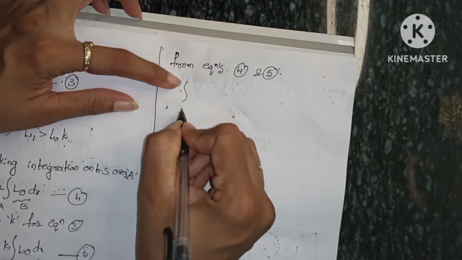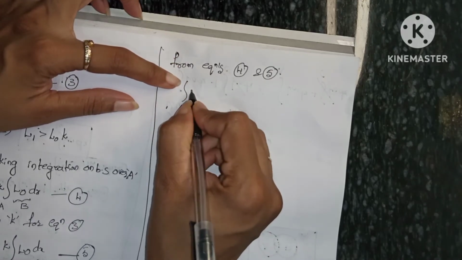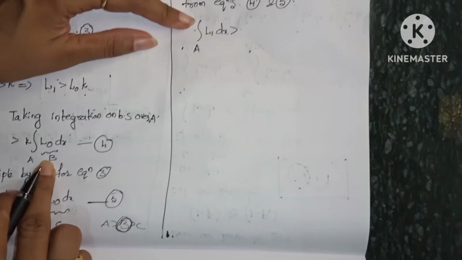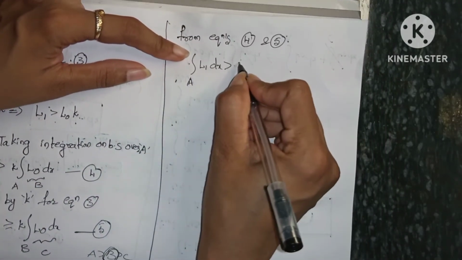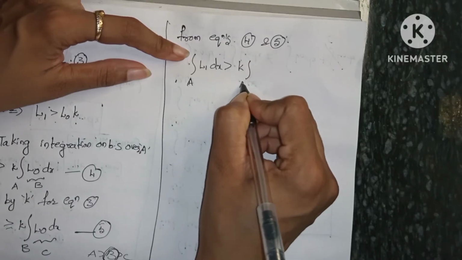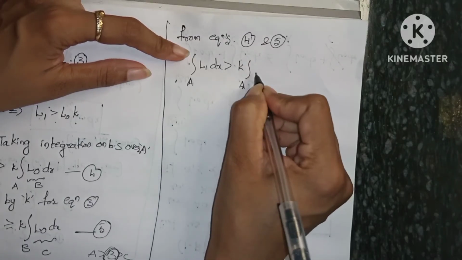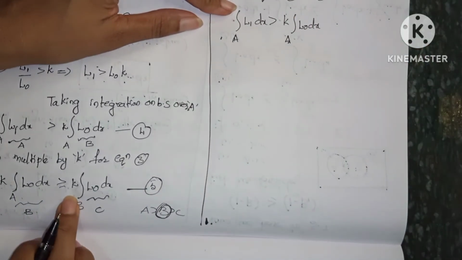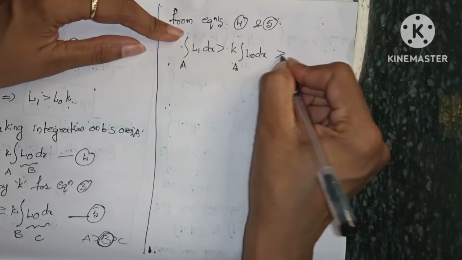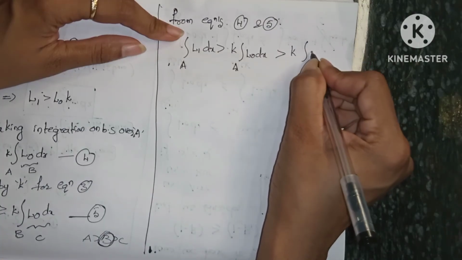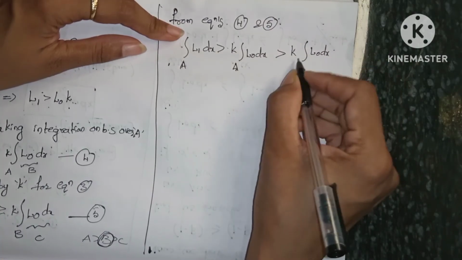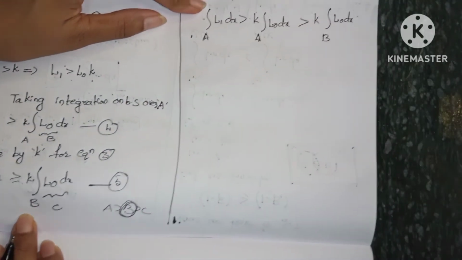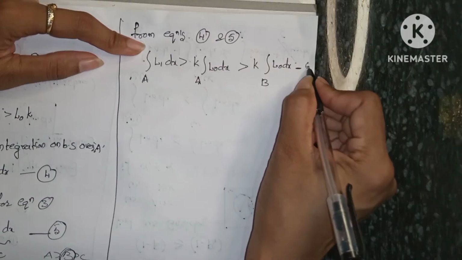So integration A L1 dx greater than K into integration over the limit A L0 dx, greater than K integration L0 dx over the limit B. Here B we are having, okay? So B. This is equation 6.